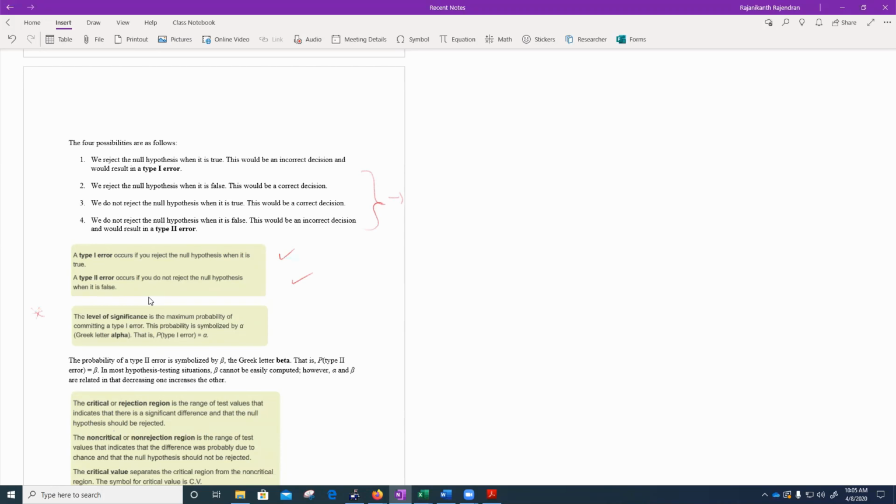We denote that by alpha. So alpha is nothing but the probability of making a type 1 error. This alpha is nothing but the level of significance. This will be given in the problem, of course. Alpha is known.